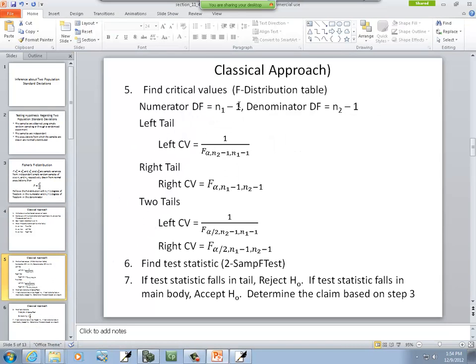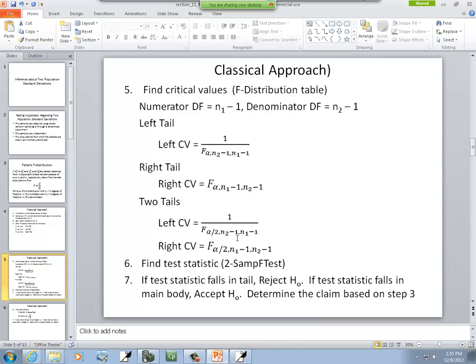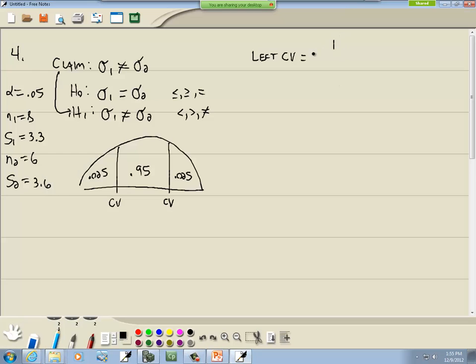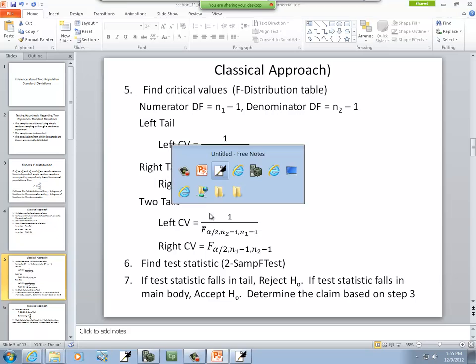Next step, find the critical values. Well, we got 2 tails, so let's find our left critical value. I'll do some of the work over here. So left critical value tells us it's going to be 1 over. I'll look it up in our table, the F distribution, and alpha divided by 2.